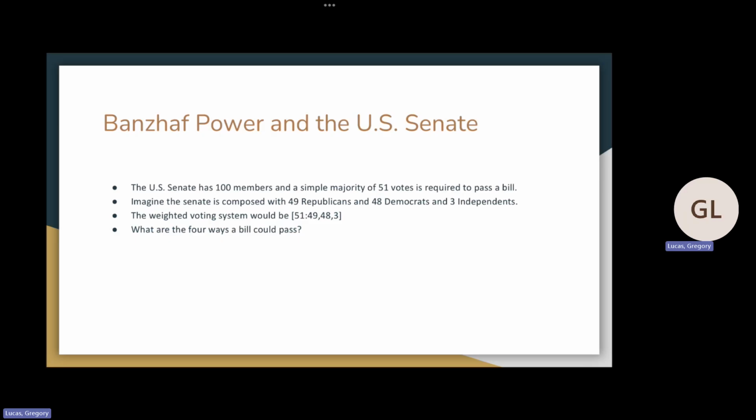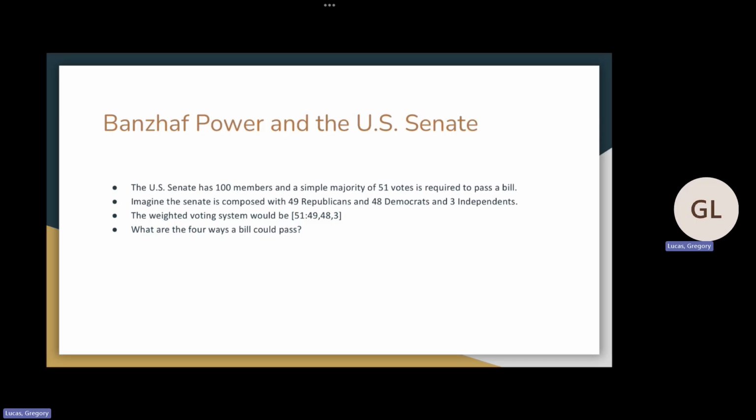Right. So let's introduce another type of power, which is called Banzhaf power. So the US Senate has 100 members, and a simple majority of 51 votes is required to pass a bill. So in this made-up scenario, imagine the Senate is composed of 49 Republicans, 48 Democrats, and 3 independents.